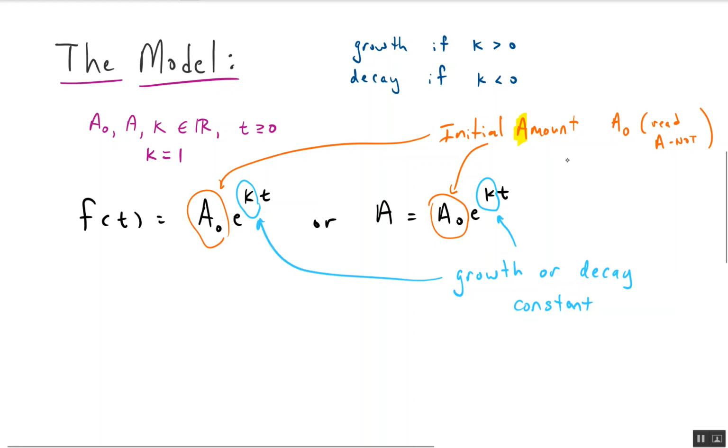So the k is the growth or decay constant, and it is a growth constant if k is positive. It's a decay constant if k is negative.